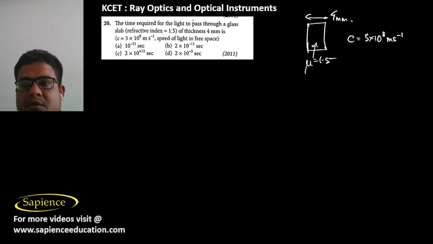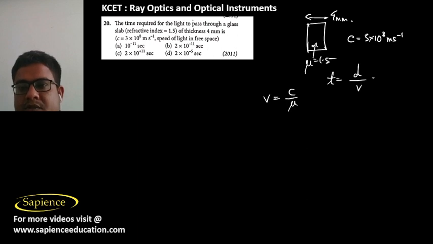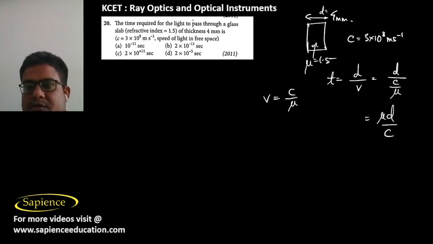So the time required is the distance by the speed. The speed in the glass slab will be equal to c by mu, where mu is the refractive index of the glass. So this will be the thickness d by c by mu, that is mu d by c.